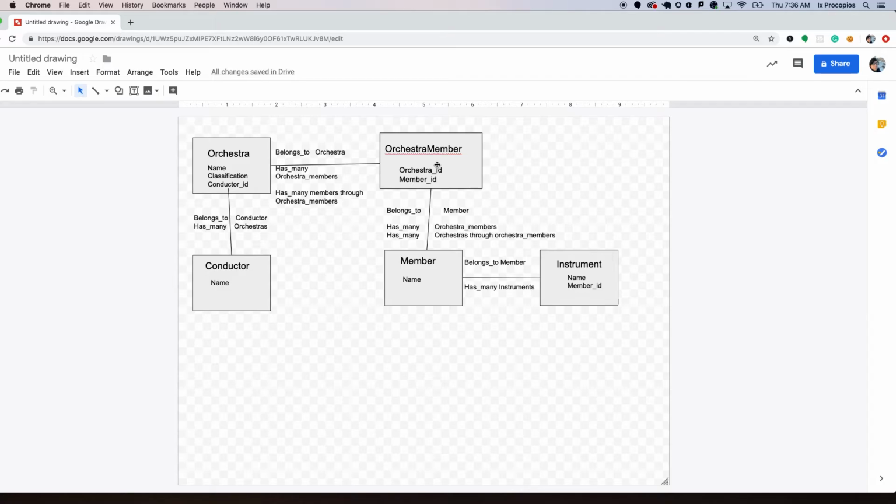So almost like this is a member's card that identifies the orchestra that the member is associated with and the member's ID. If you think about your insurance card, something like that, it's a very similar relation, right? An orchestra has many members, and members can belong to many orchestras.